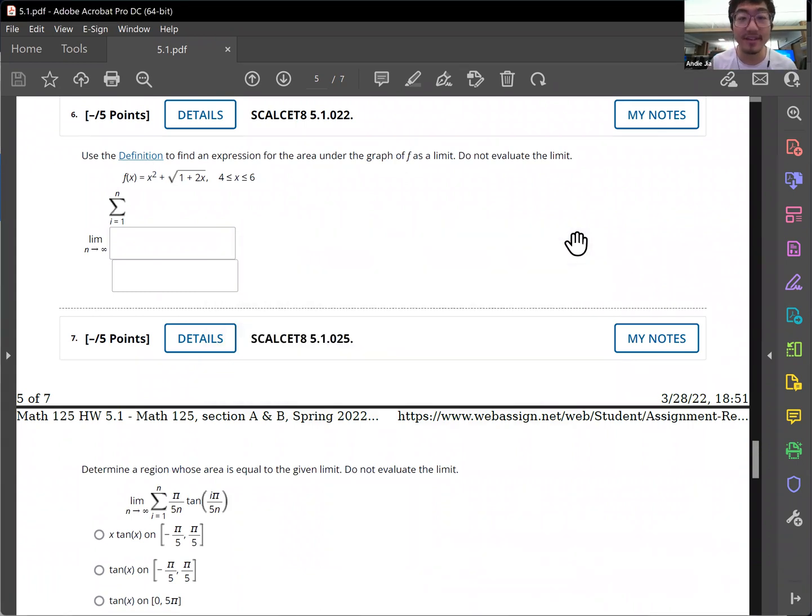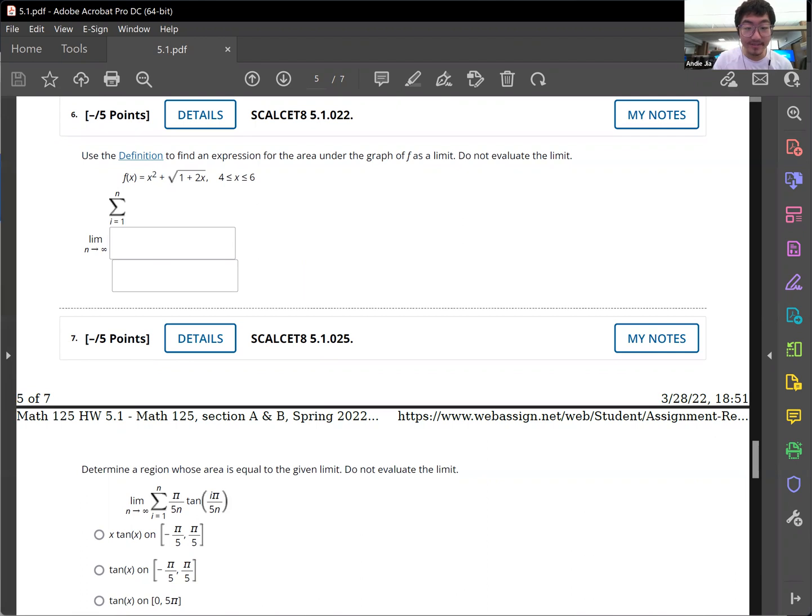Okay, now we're writing the function into sigma notation. As we know, (b minus a) over n is the width delta x, and each subinterval is going to be a plus i times delta x.